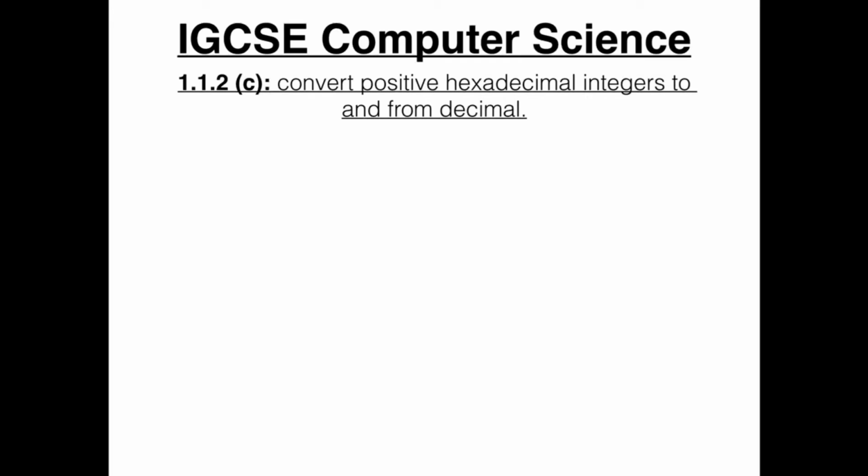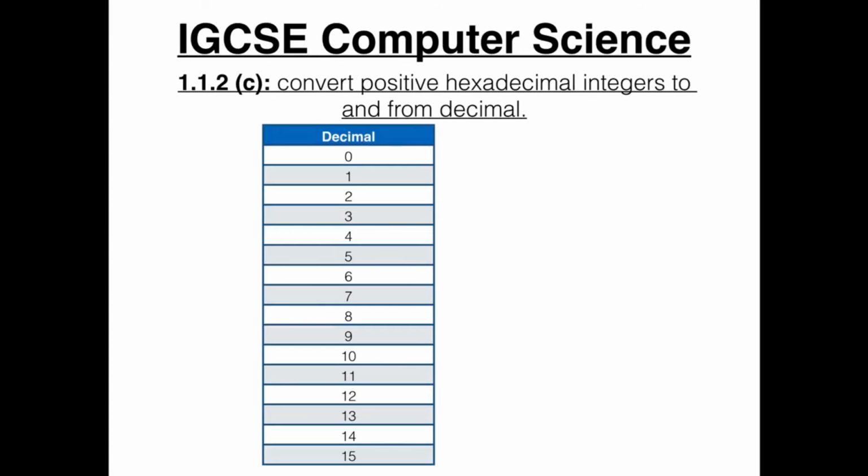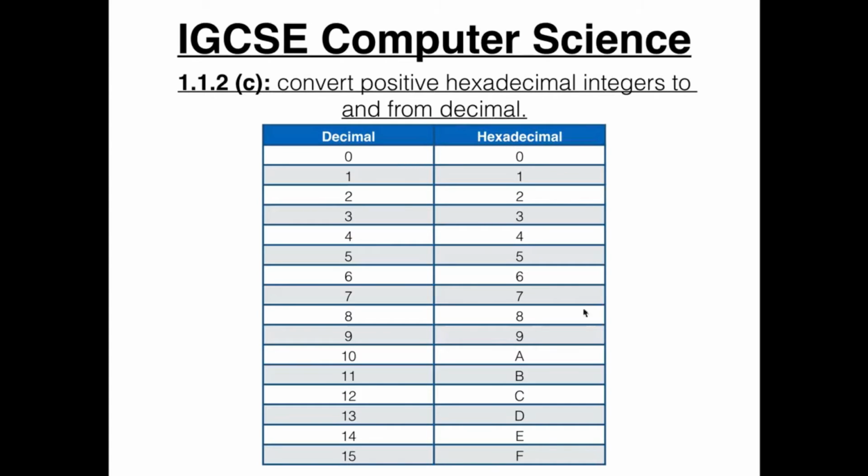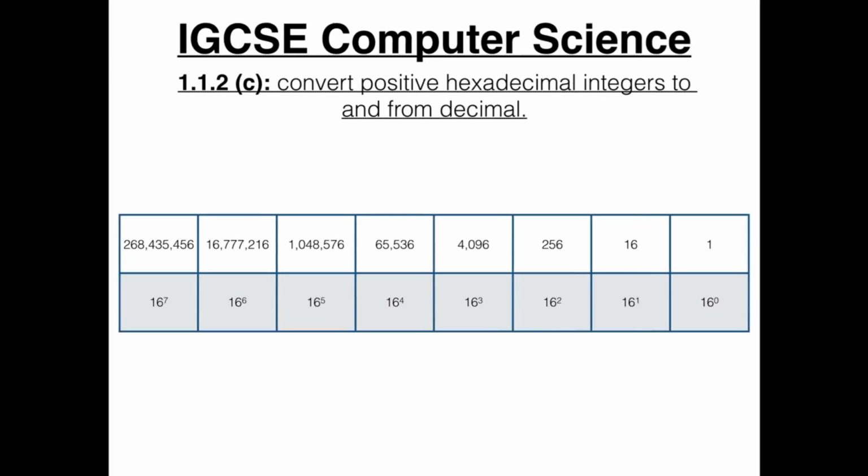So, yeah, let's get to it. So, just remind ourselves of this table, and we have to remember these letters as well, corresponding to the decimal value. So, here we've got a sort of hexadecimal table, basically showing you each column represents a hexadecimal digit.